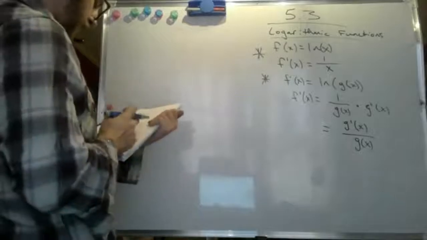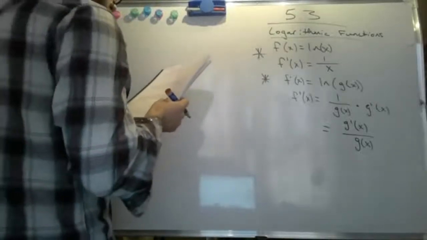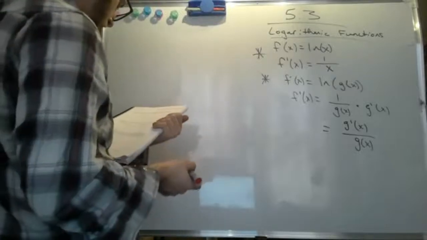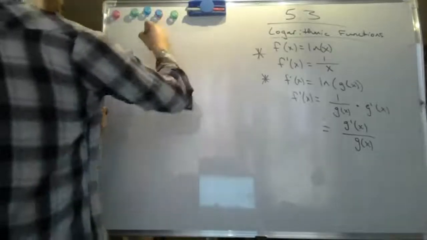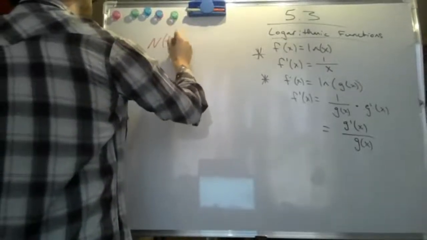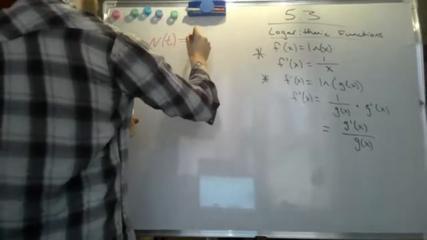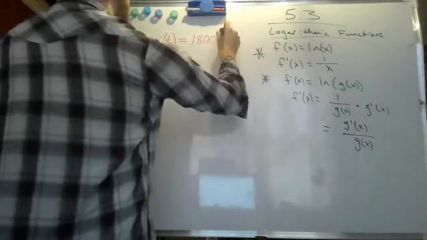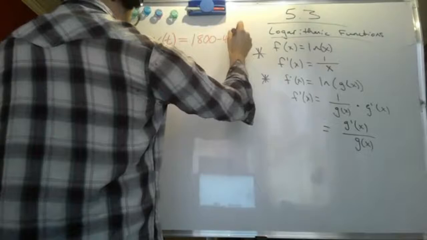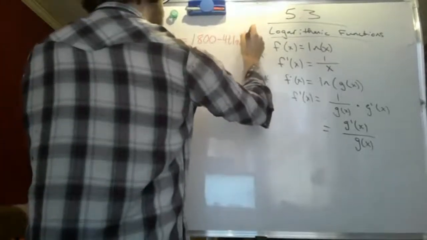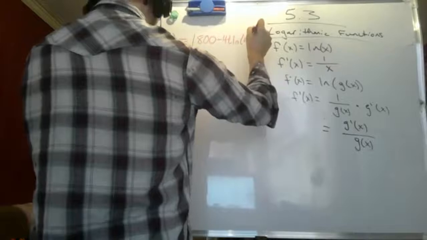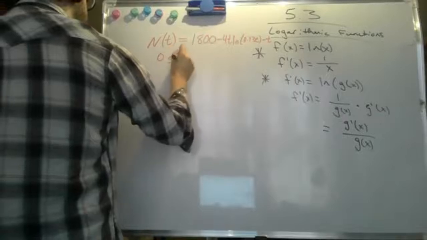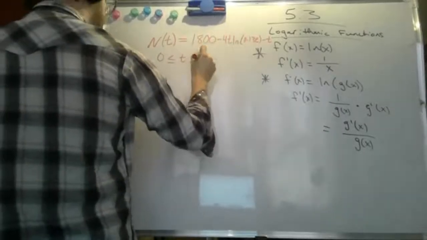The Department of Agriculture has determined that the populations of aphids T hours after the orchard has been sprayed is approximated by, so they give us an equation here, N of T is equal to 1800 minus 4t natural log of 0.13t minus t. And they also tell us that t is bounded by 0 and 100.